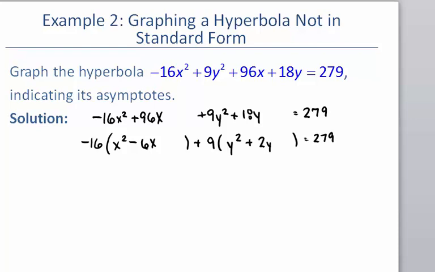And then remember that the idea behind completing the square is that you're going to take your middle term, which will be negative 6 for the x's. You're going to multiply that by 1/2 and square the result. So we know that half of negative 6 is negative 3. And negative 3 squared is 9. And so I'm going to add 9 in the space that I left. And then I'm going to balance it on the other side.